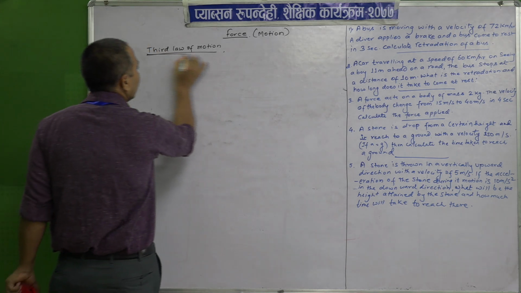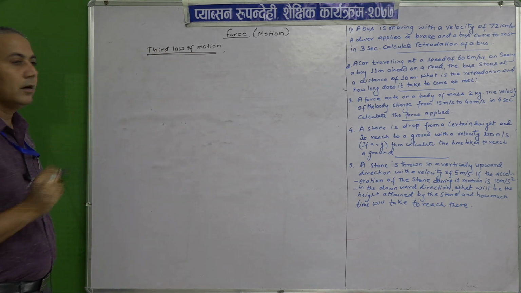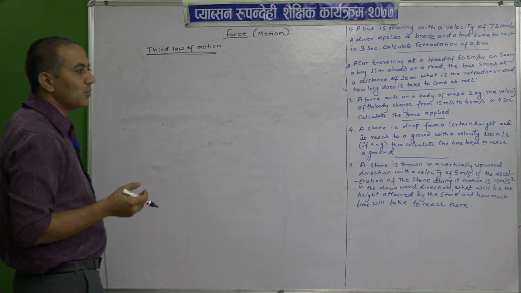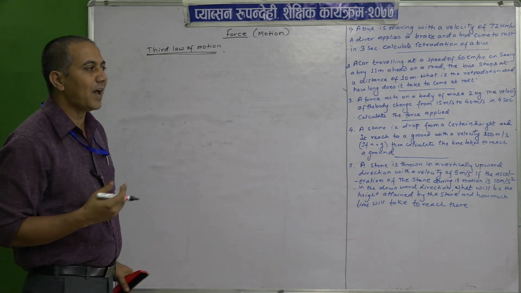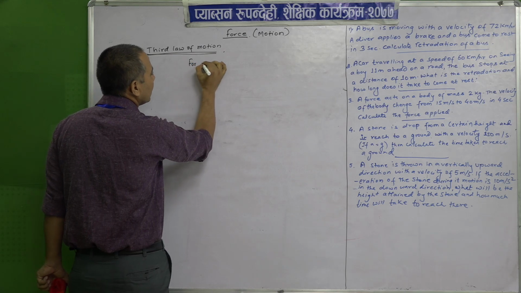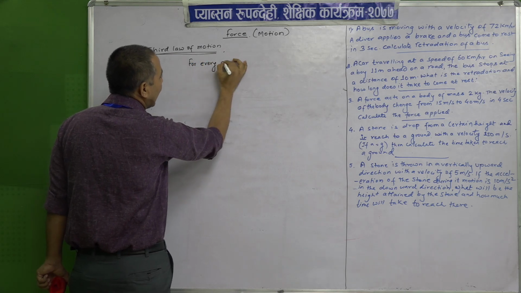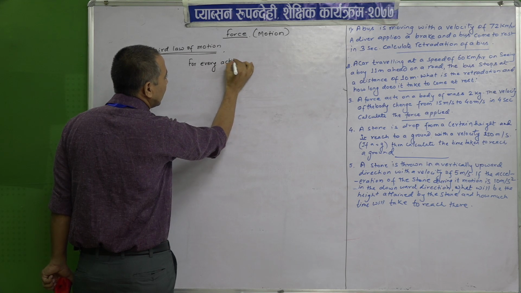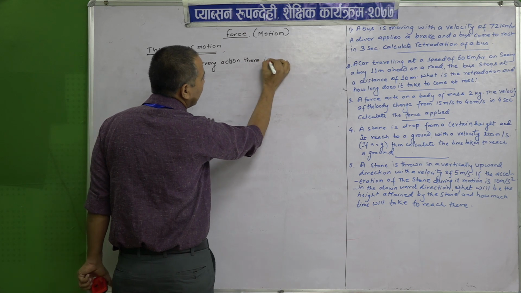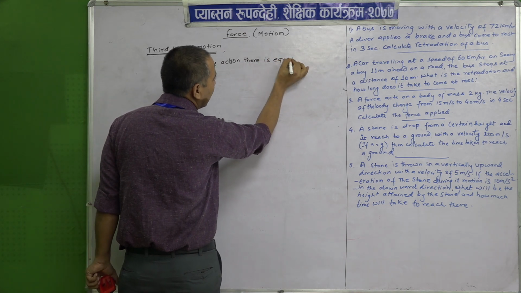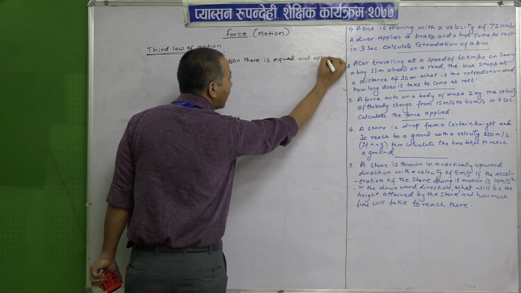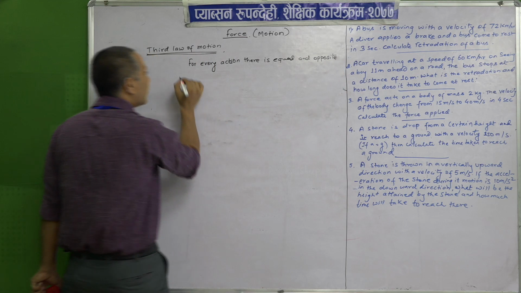Now comes the next one. Today we will continue with Newton's third law of motion. Newton's third law of motion is something all students know by heart. For every action there is an equal and opposite reaction.